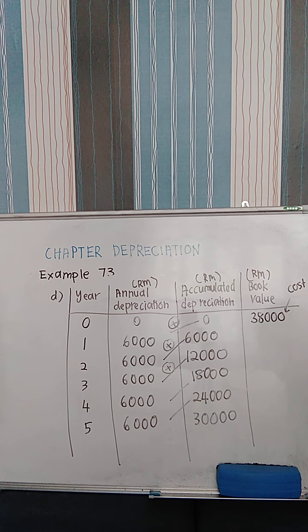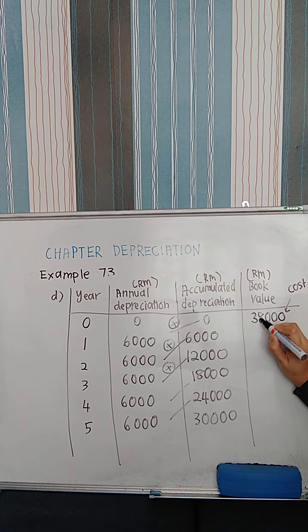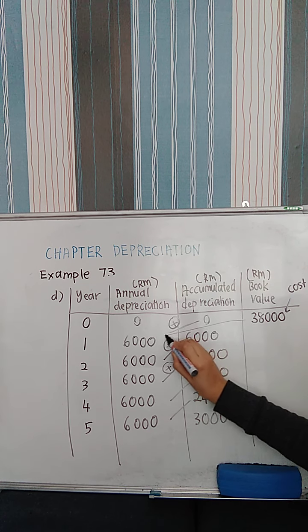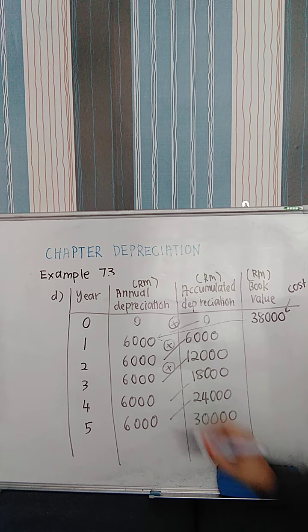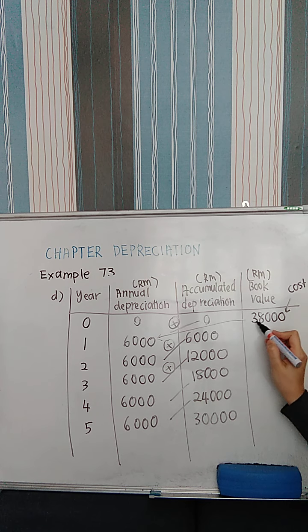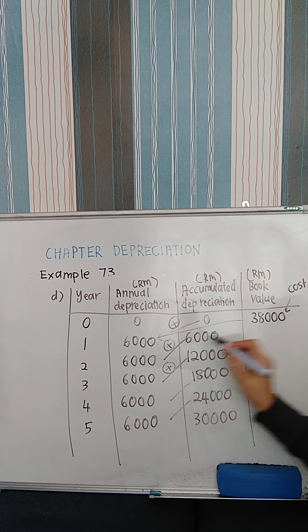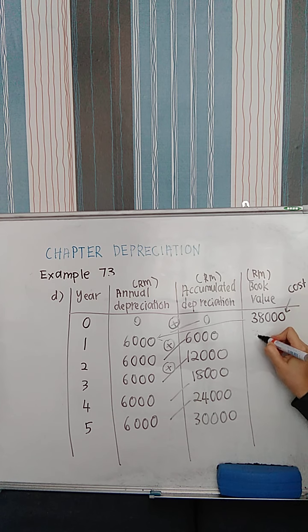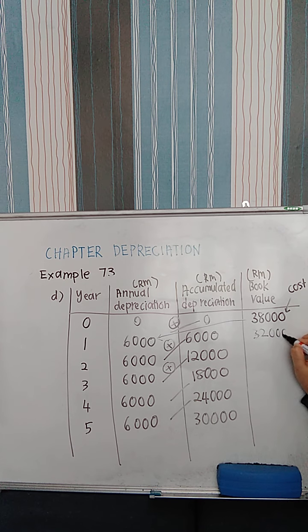And then book value. How to calculate book value? For book value, you minus the annual depreciation. So 38,000 minus 6,000 is 32,000. Next, for year 2, same.